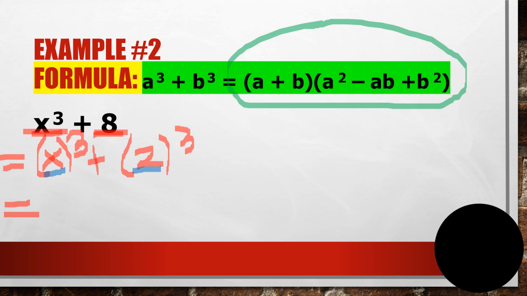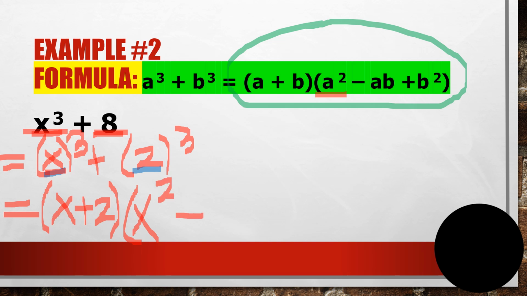Okay, now we have A plus B, we have x plus 2. And then you close it, open parenthesis, we have a squared. Means we will multiply x to itself 2 times. So x times x, we have x squared, minus a multiplied by b.